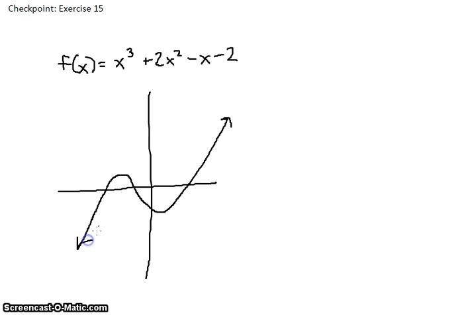And this is in your book. This appears to be -2. This is -1. And this appears to be 1. Now, the rational zero test says that the following are possible zeros of any polynomial.